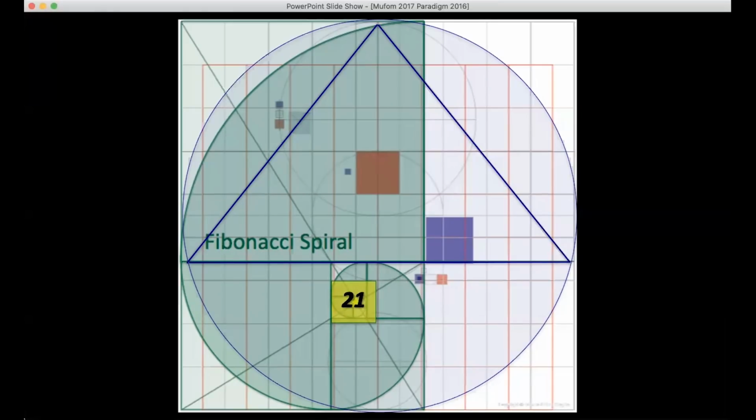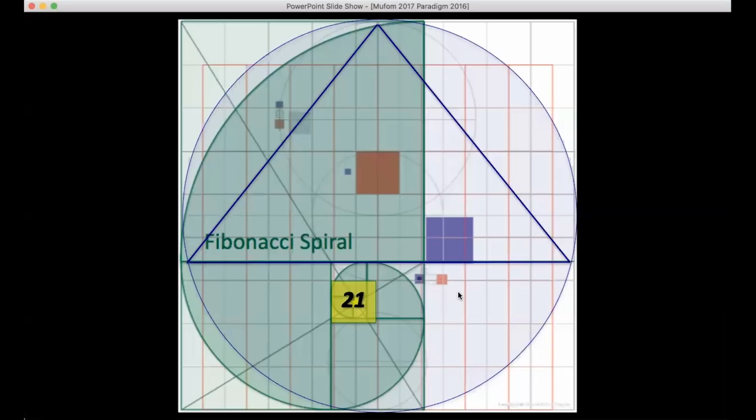Also, if we count from the top left corner, it's the 44th square. So counting from one direction it's 21, and from the opposite direction it's 44. That's where we're going to be positioning the Sphinx, within this block of 21.